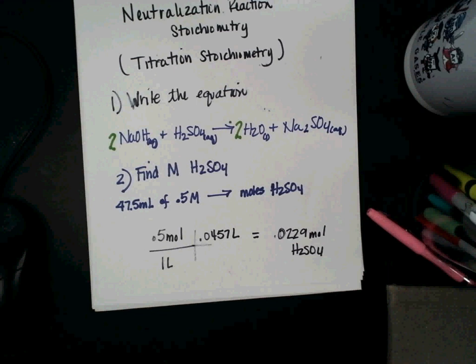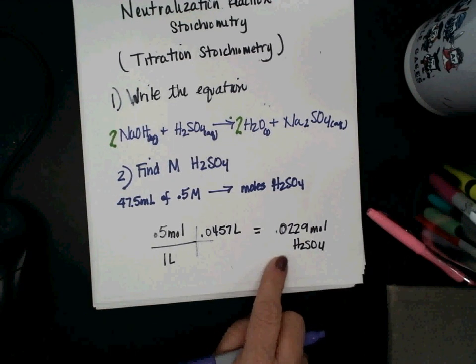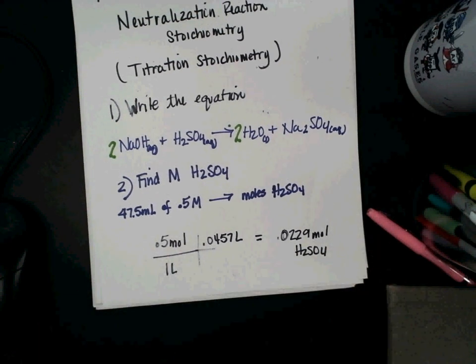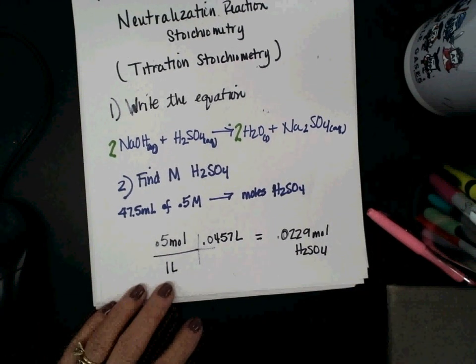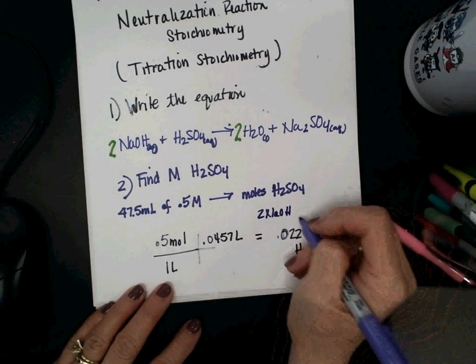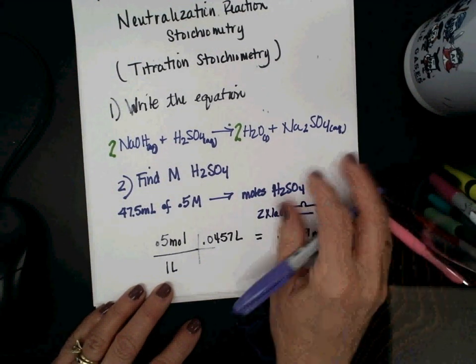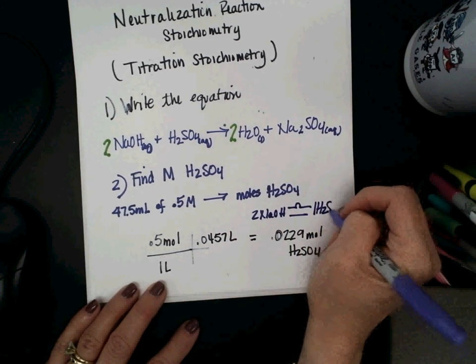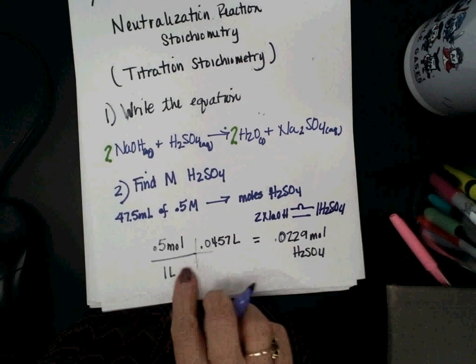How can I use this information to help me move forward? Thank you, mole ratio. So I know what my stoichiometric equivalency is here. 2 NaOH is stoichiometrically equivalent to 1 H2SO4. So I'm going to remember that and move it forward.